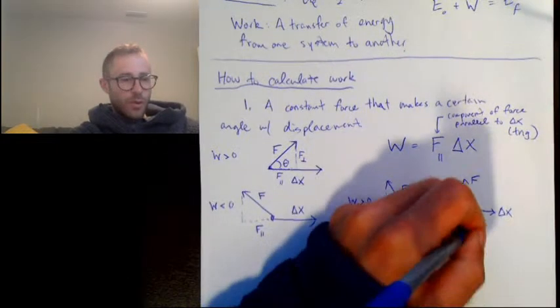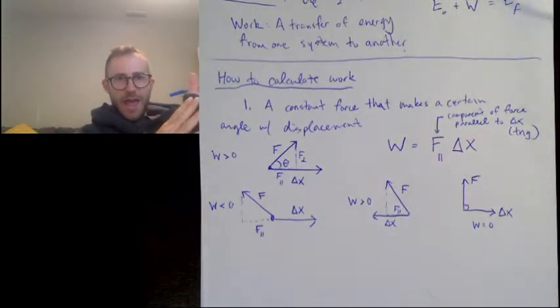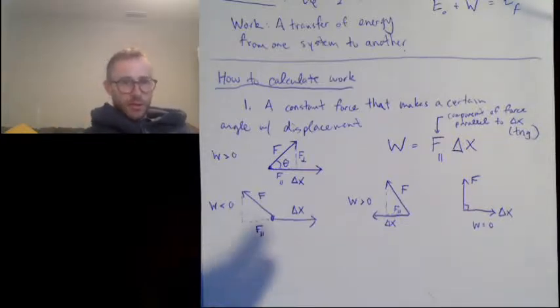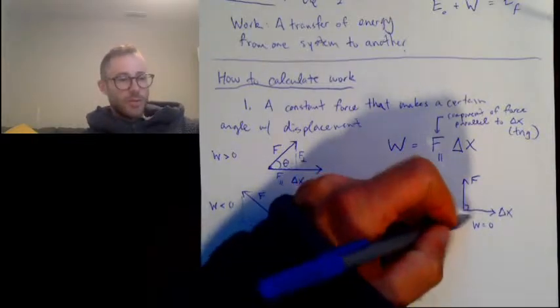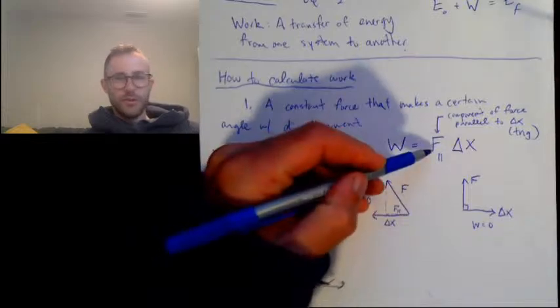So this is a work of 0. All right? So depending on the angle between the force and the displacement, you can have either negative work done or positive work done, or in fact 0 work done. You have 0 work done when they're perpendicular to each other. Because if they're perpendicular, there is no parallel component.